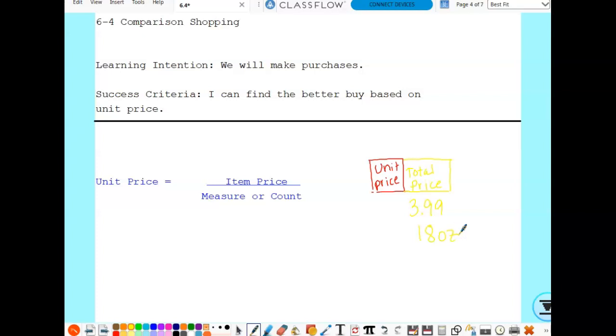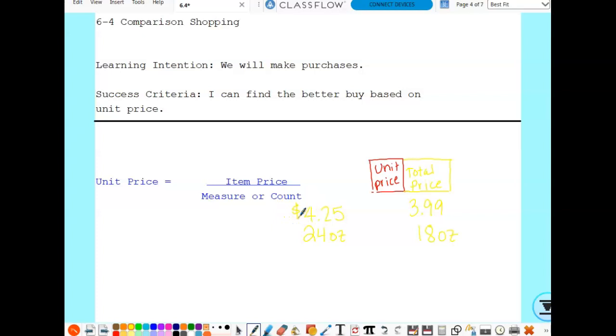Maybe the Walmart brand is 24 ounces and a little more expensive, like $4.25, but you get more for it.